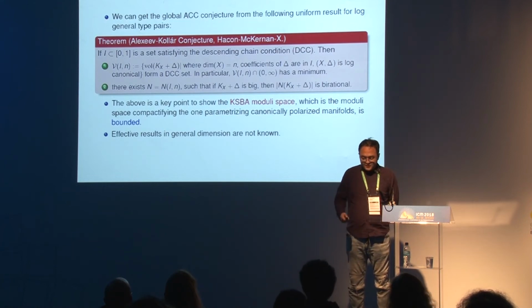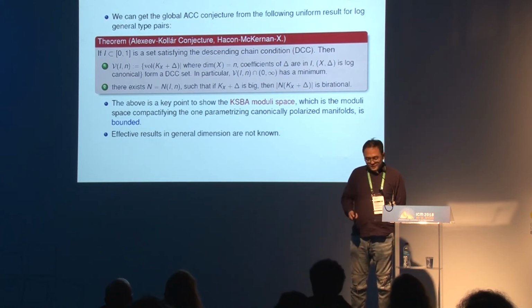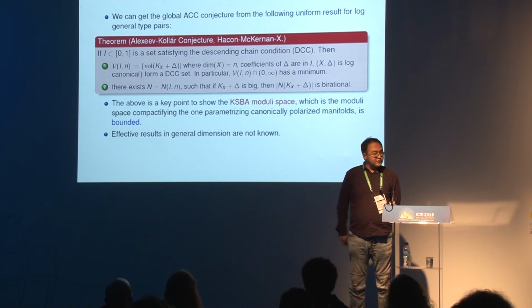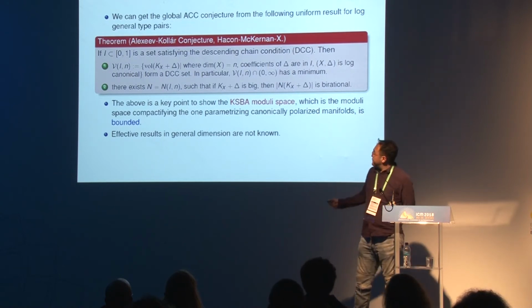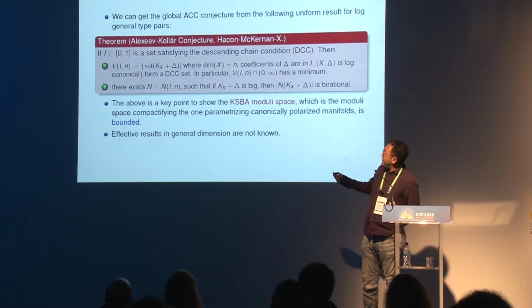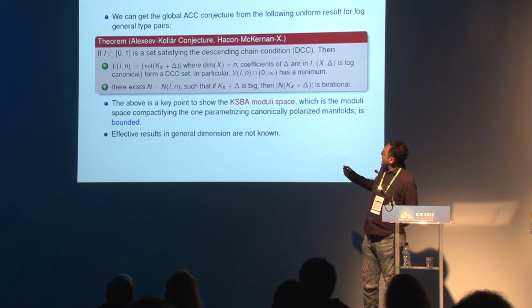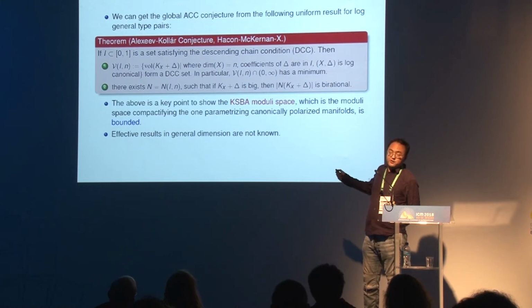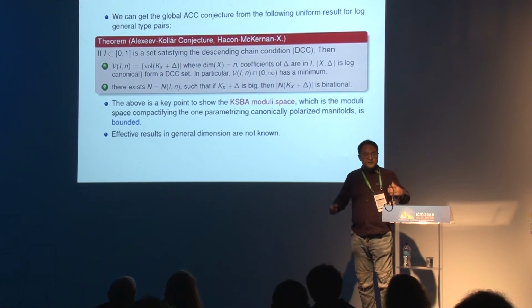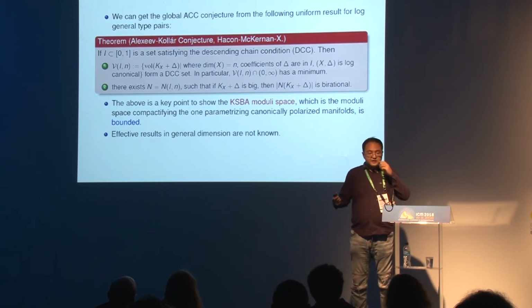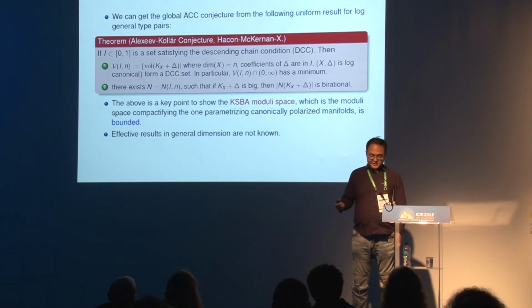Here the boundedness result has two technical statements. If I fix a DCC set, and look at the volume of K_X plus delta, then all these possible volumes satisfy the DCC property. So if my coefficients are in a DCC set, then the volume of the variety is also in a DCC set.